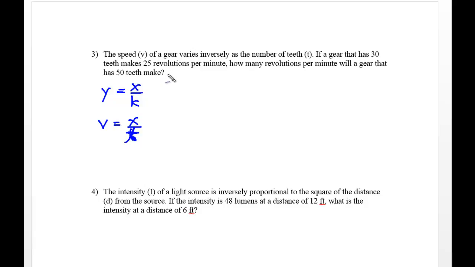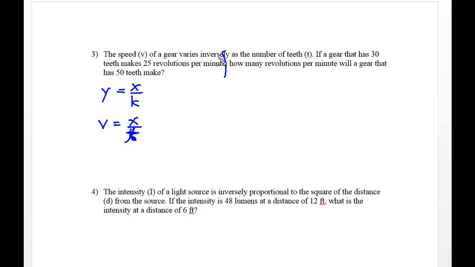In a lower gear, where there are more teeth, it's easier to push, but you go much slower. So now here we have a gear that has 30 teeth.